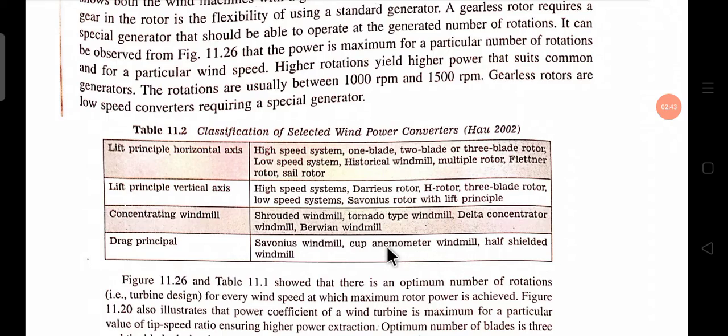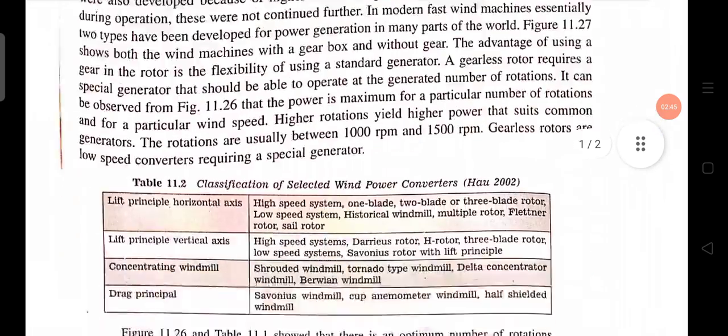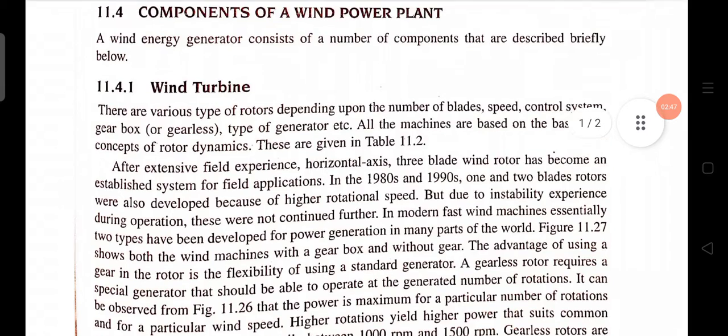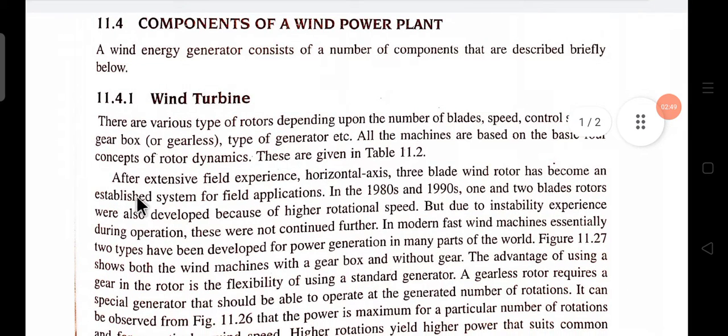Now you see, after extensive field experience, the horizontal axis three blade wind rotor has become an established system for field application.